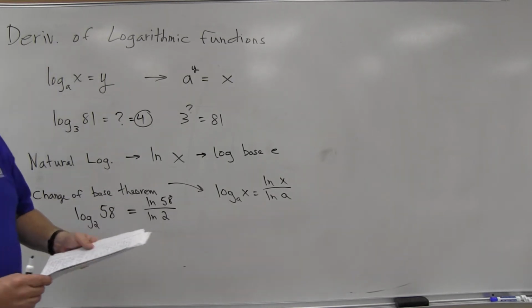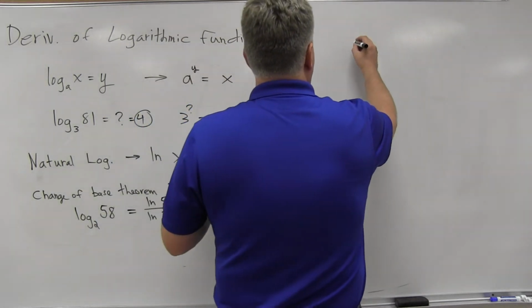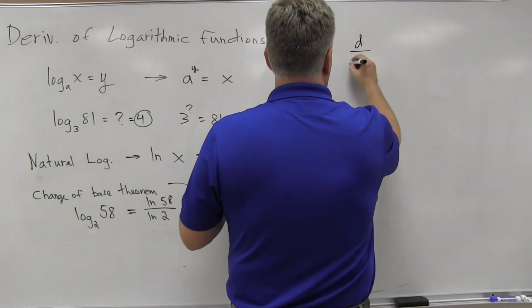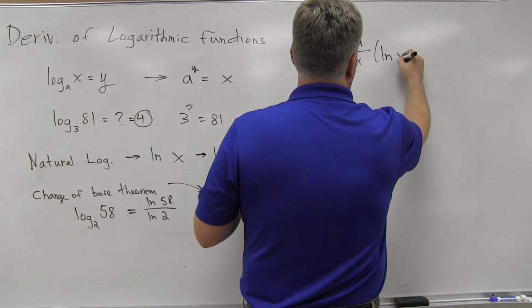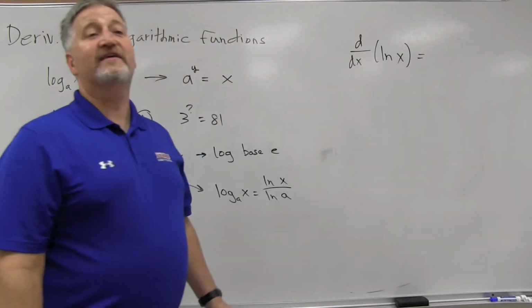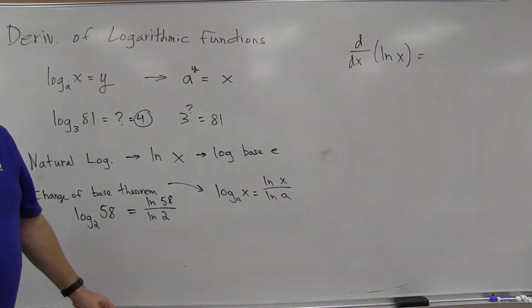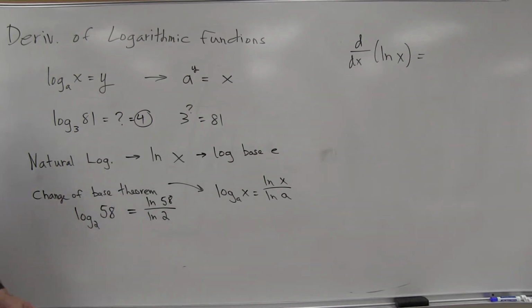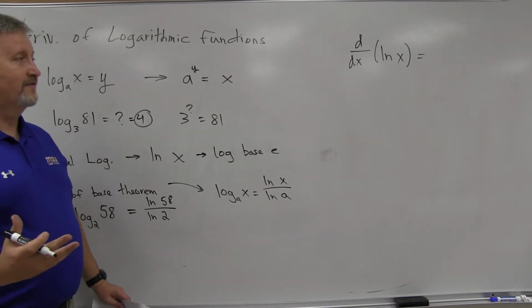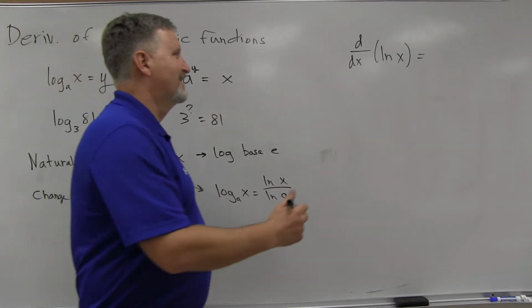Well, we can think about it. Yeah, it turns out the derivative with respect to x of ln of x is pretty nice, even though it's a logarithm, and logarithms have all kinds of complication. It turns out it's really pretty nice. It's 1 over x.